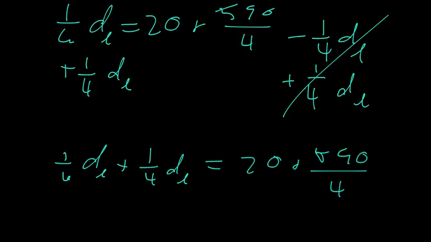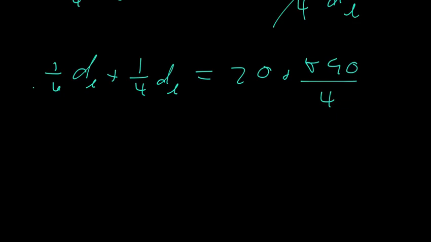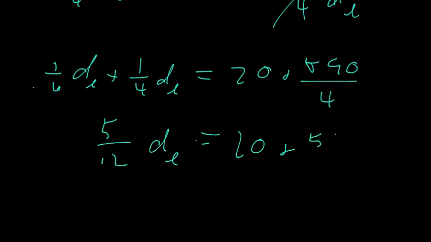I'll leave it to you at home to check this, but on the left-hand side we'll have 5/12 d sub L equals 20 plus 590 over 4.